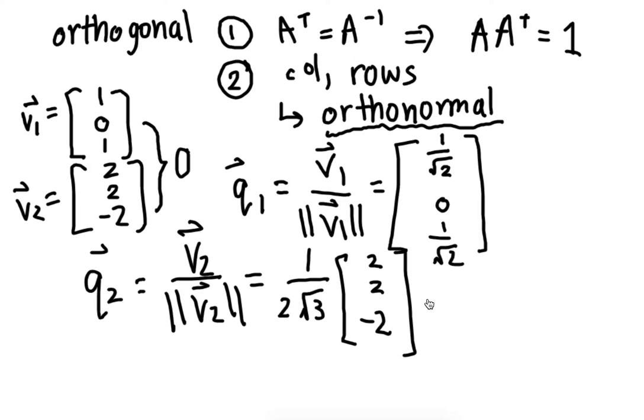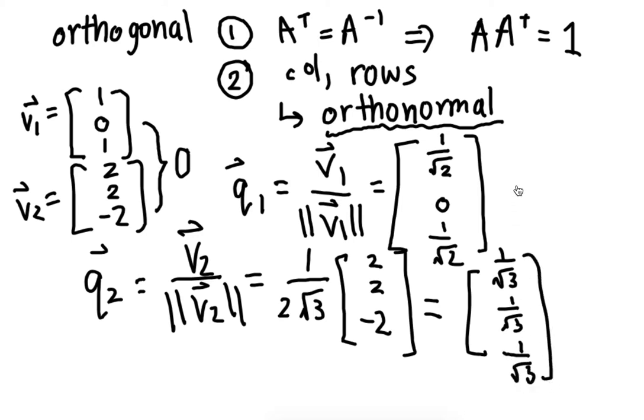So we divide each of the components by 2 times root 3. That's 1 over root 3, 1 over root 3, and negative 1 over root 3. If you find the lengths of q1 and q2, you'll notice that they're both unit vectors, and q1 dot q2 is still 0, meaning they are orthogonal.